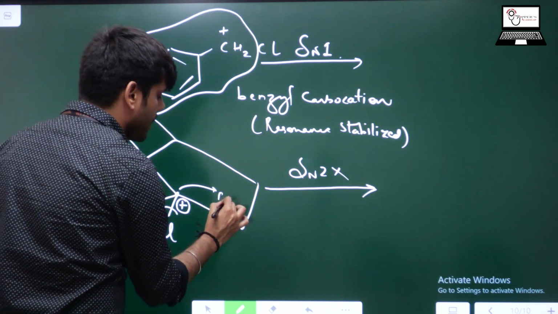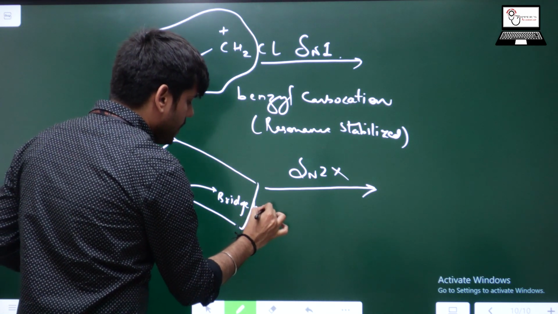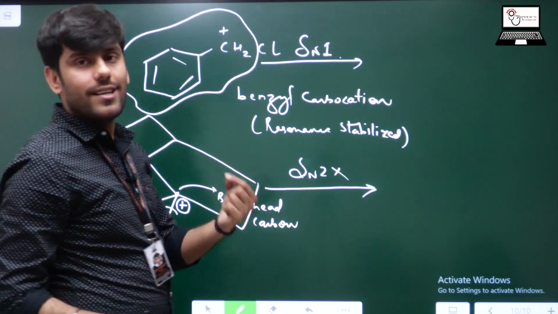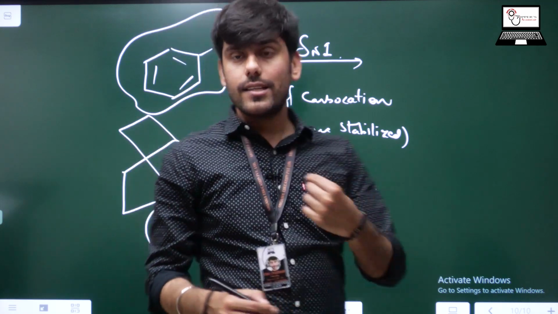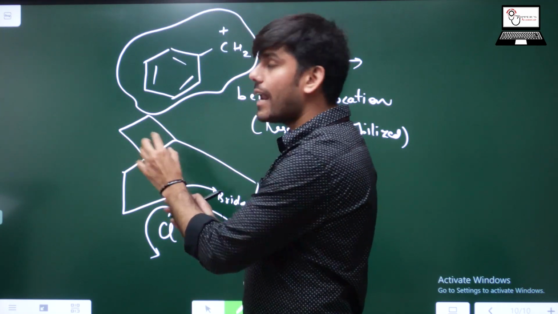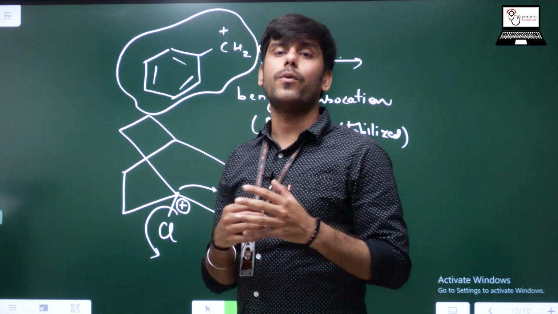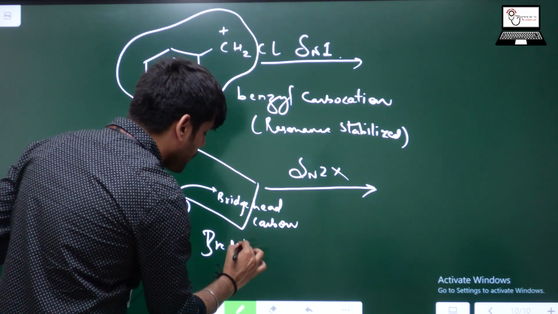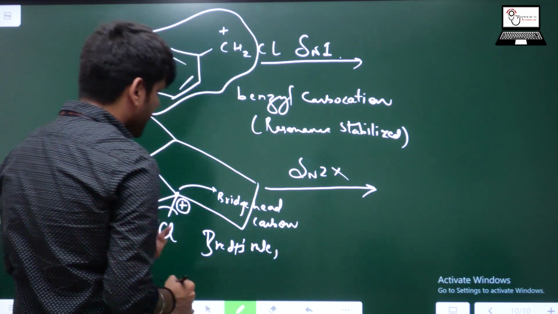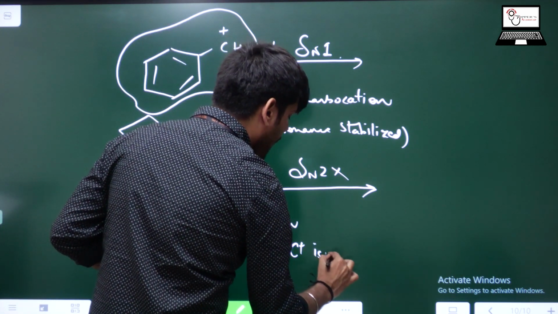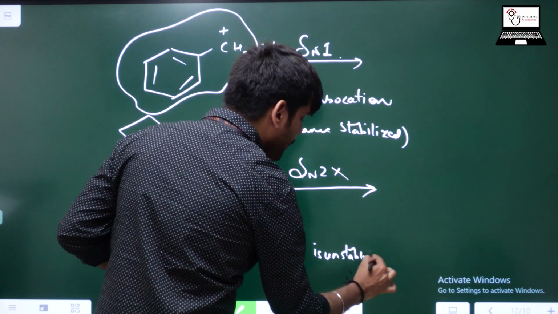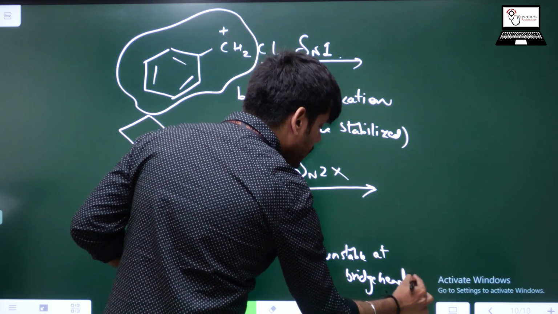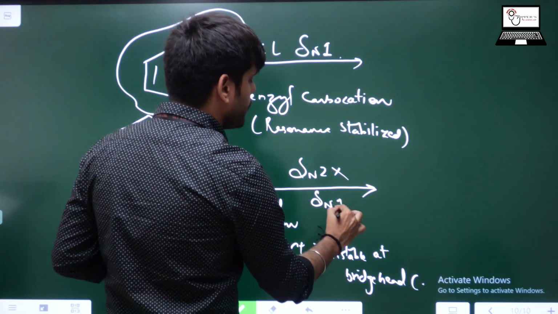A carbocation at this position is unstable, because it is such a strained position that it cannot be planar, and you know a carbocation is planar in nature. So according to Bredt's rule, a carbocation is unstable at a bridgehead carbon. So SN1 is also ruled out.